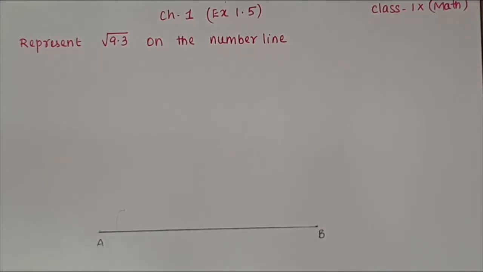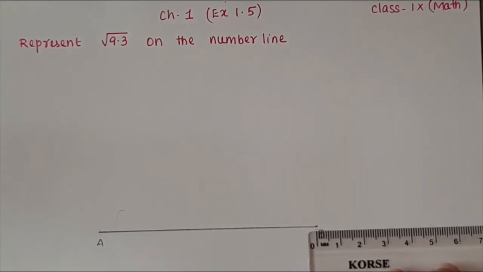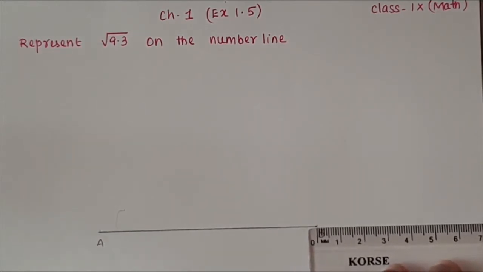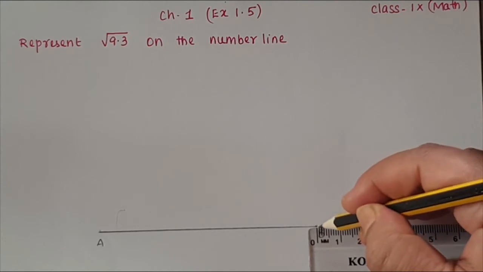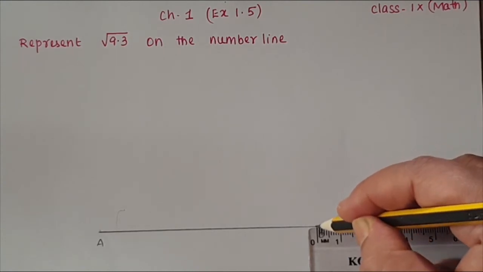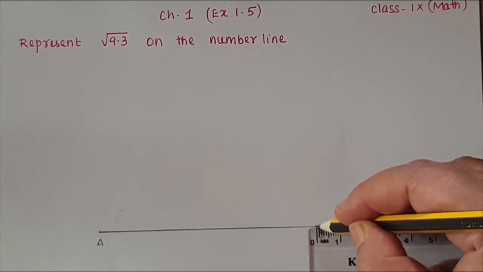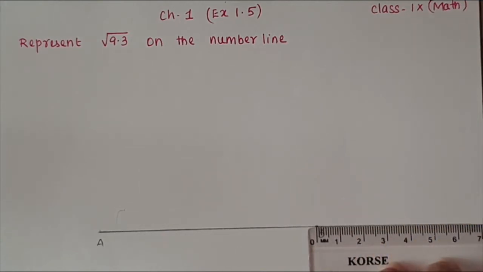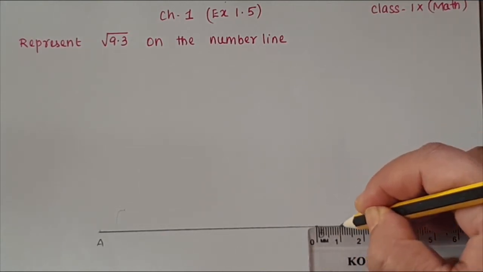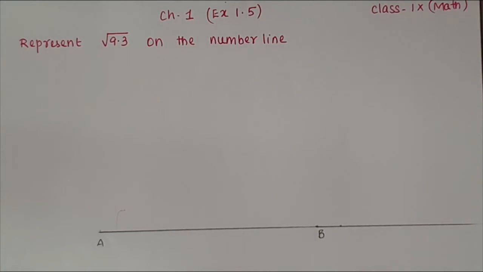From B, mark a distance of 1 unit horizontally, not vertically, horizontally. So from B, this is the point B. First I draw a line, then mark 1 unit.